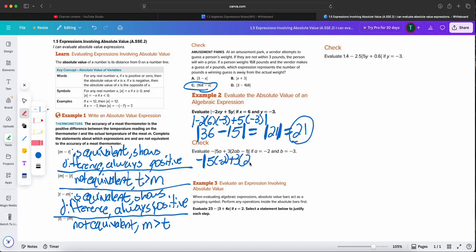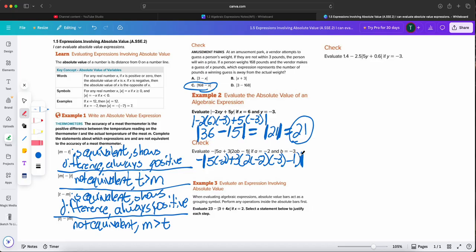Then we have in parentheses 2 times A, which is -2, times our B, which is -3 minus 1, close parenthesis, close absolute value. So we would go through, do our order of operations in there, and see what we end up getting. So inside these absolute values, there is another form of grouping. There actually are some parentheses here.